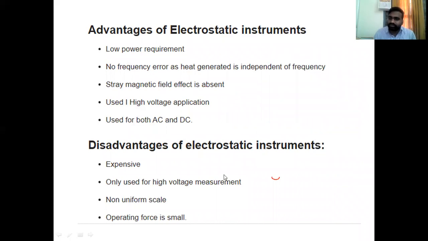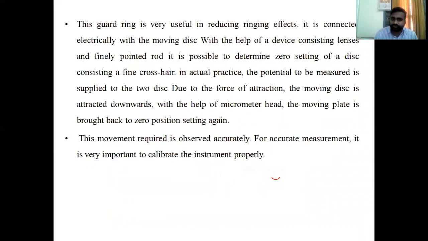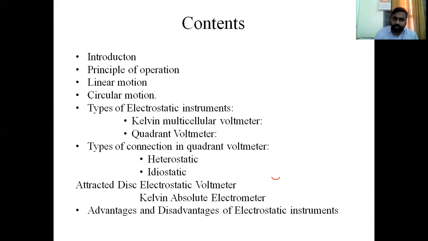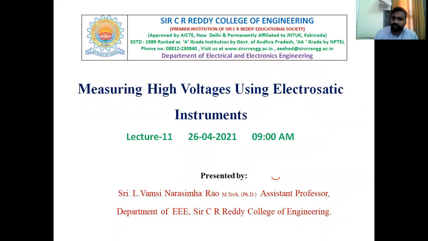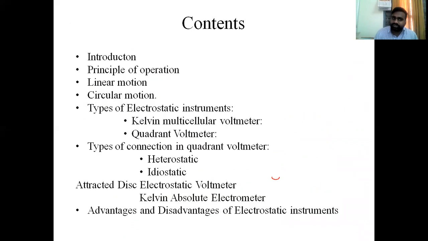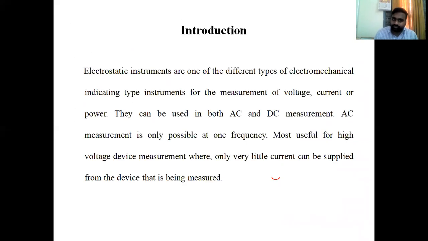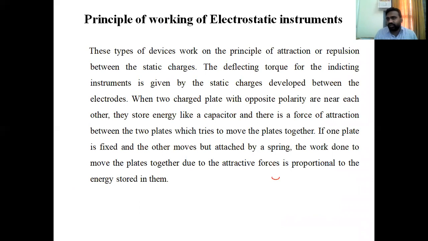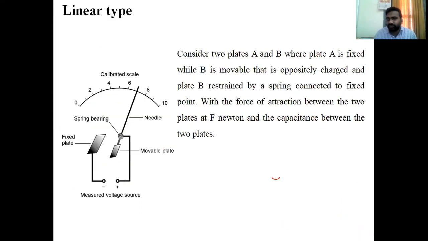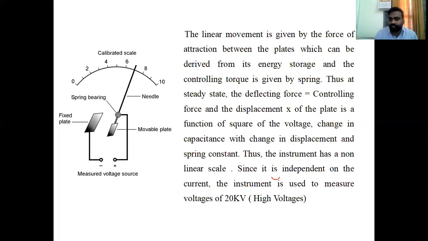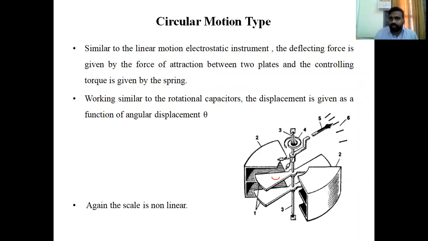That's it for today's class. In today's class on measuring high voltage using electrostatic voltmeters, we discussed the introduction and the principle of working again, which we discussed in previous classes also. We analyzed the operation of a linear type electrostatic instrument and a circular motion type electrostatic instrument.